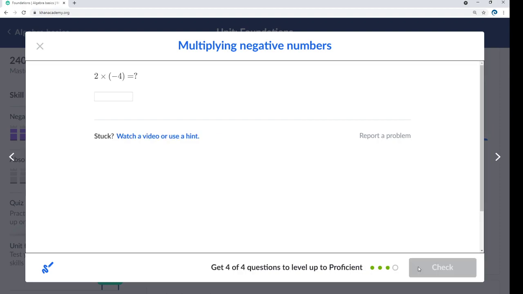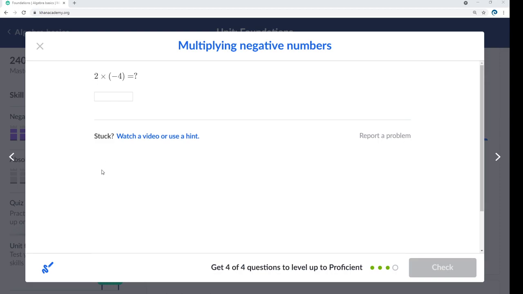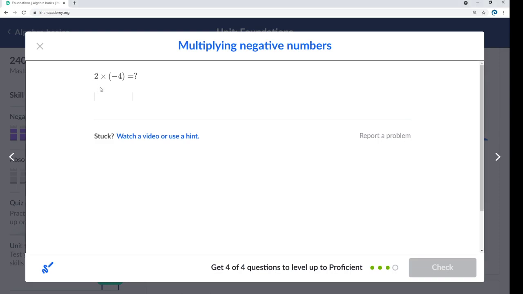Next question, son. Here we go. So again, negative times a positive. So the rules state, and again, these are not my rules. I didn't come up with these rules. I know it's silly. I don't know who just decided negative times a positive is a negative.